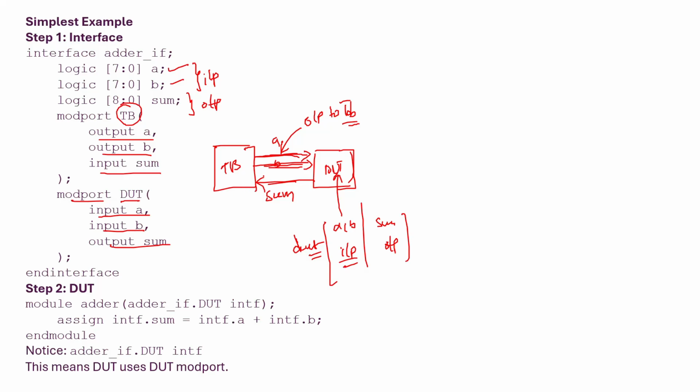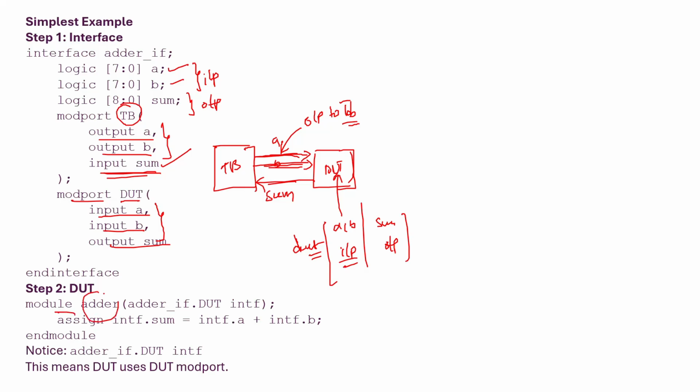So that is the reason we represent input sum in the TB and outputs A, B in the TB. And in the same way, inputs A, B in the DUT and output sum. Clear? That is how we represent the DUT signals and TB signals with modports.